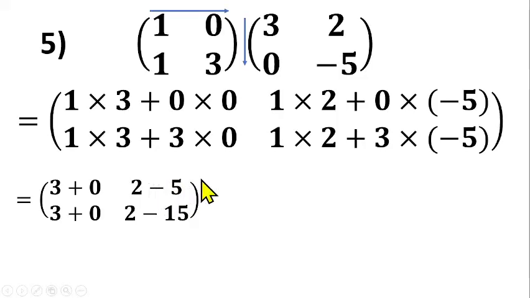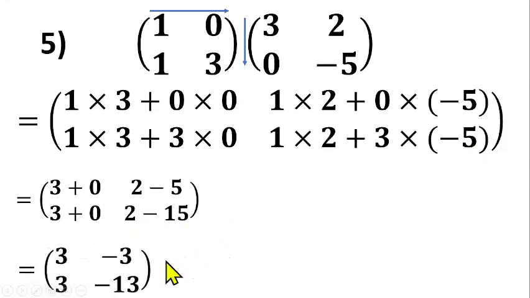So that will give us a 2 minus 0 here. Then here you have a 1 times 3, that gives us a 3, plus 3 times 0 is 0. Then 1 times 2 is 2, plus 3 times minus 5 will give us a minus 15. So you have 2 minus 15 there. So that means your answer becomes 3 plus 0 is 3. Then 2 minus 0 will give us 2 here.